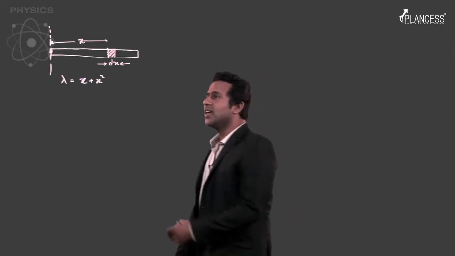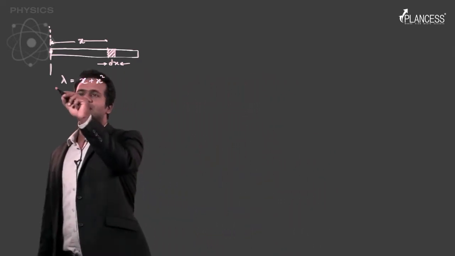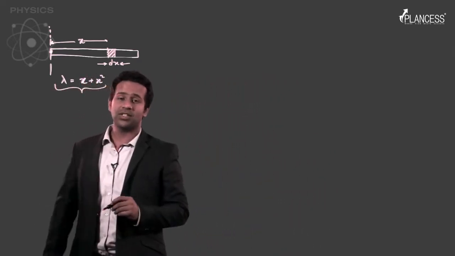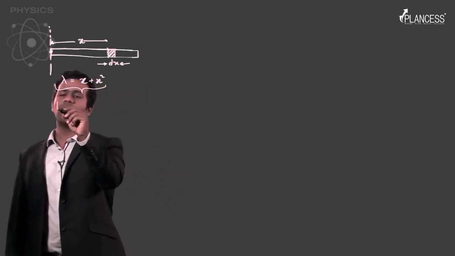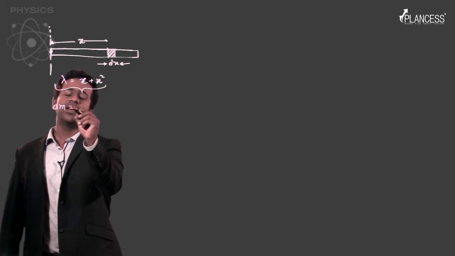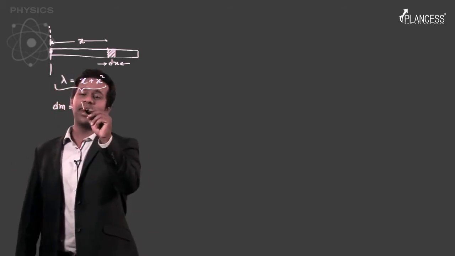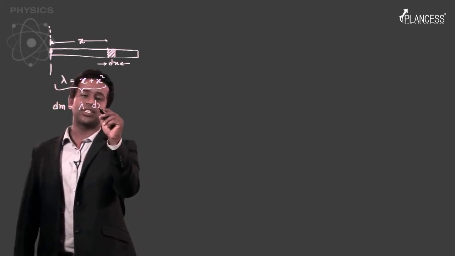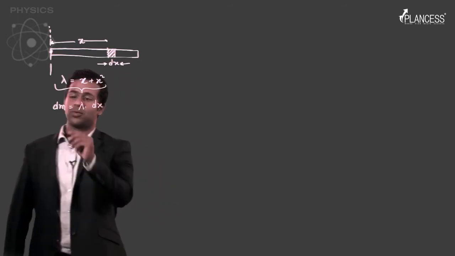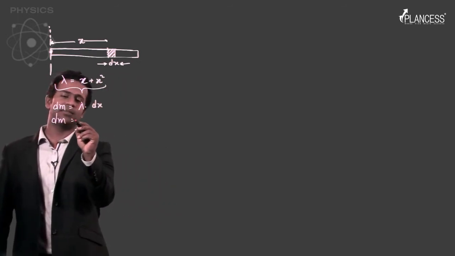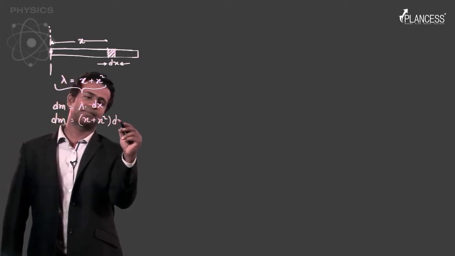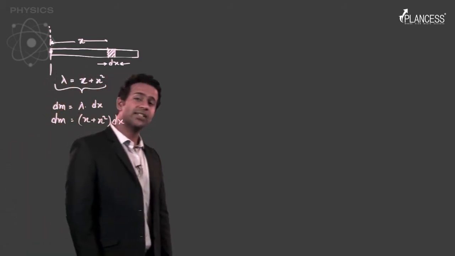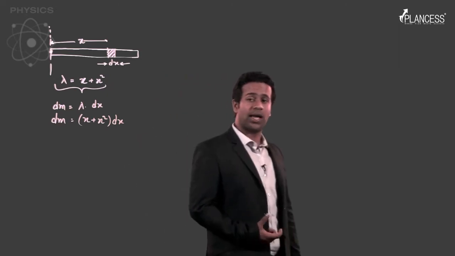So over the small length, this mass density remains constant. Then the small mass of this element can be given by lambda into its length, which is dx. So we see that dm becomes (x plus x square) dx. This is the mass of this small element.